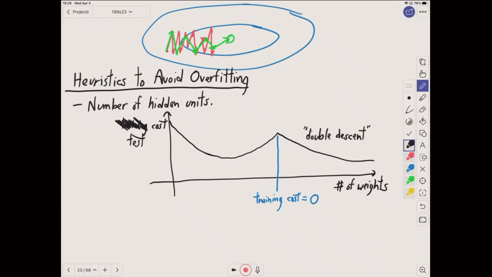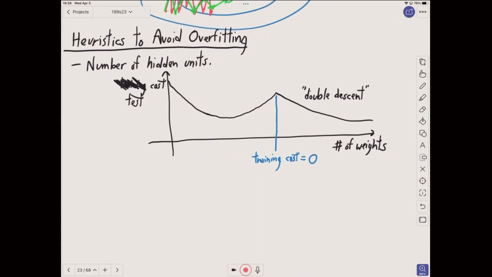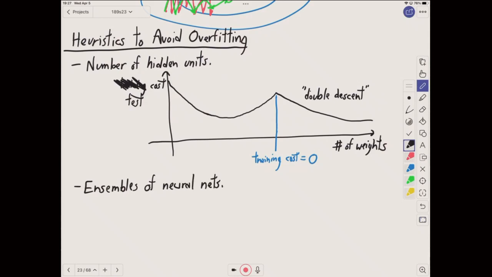So there is a relationship between hidden units and overfitting, but it's not one that's easy to characterize. Neural networks are kind of crazy. But let me tell you some other things to think about while you're trying to avoid overfitting. One of the techniques that we've learned this semester to avoid overfitting is ensembles. So instead of training one neural network, train 10 or 100 neural networks, and with each neural network use bagging.